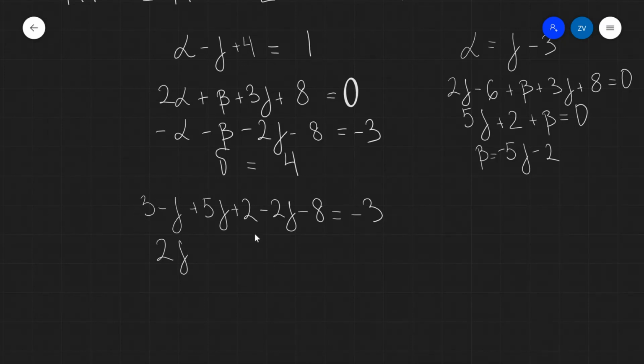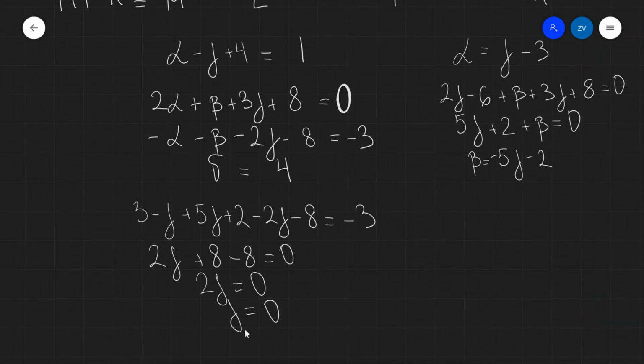So 3 plus 2 is going to equal 5. Let's take the 3 on the other side, and we're going to get plus 8. What we're left with is just minus 8, which will conveniently cancel out. And we've taken care of everything in this equation. We're going to get quite a nice simple result that 2 times gamma is going to equal 0. In other words, gamma will be equal to 0.